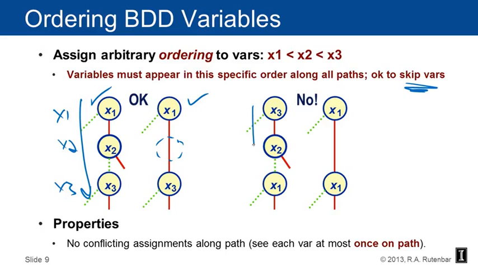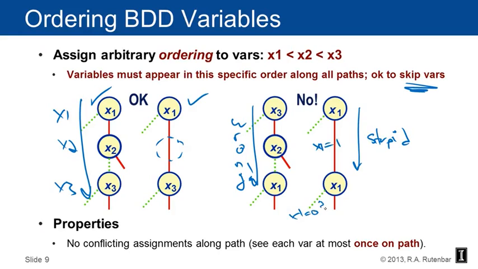The examples on the right are examples of bad things. So this one is just wrong, right? x3 can't come before x2, and x2 can't come before x1. And there's no other way to say what the one on the right is. This is just stupid, right? How can I have a decision diagram where I make, in this case, x1 equal to a 1, and then change my mind and make x1 equal to a 0?